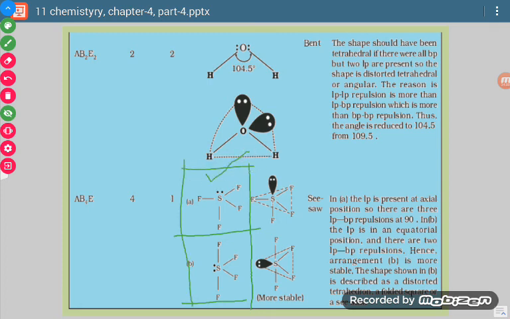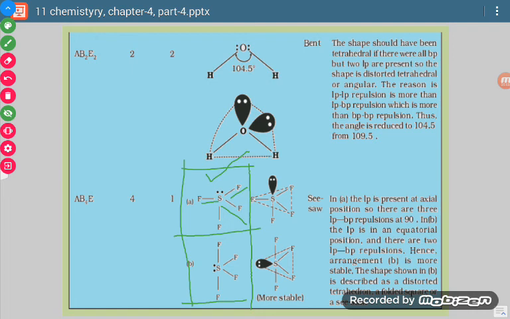In the A portion, what we have done is we have taken that particular electron pair as the lone pair which was supposed to be above the plane. If we do so, then there is more lone pair bond pair repulsion. This lone pair will repel all these 3 bond pairs, so there will be more repulsion in this case.